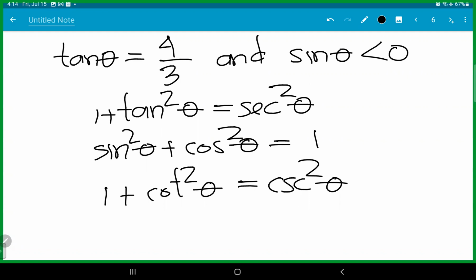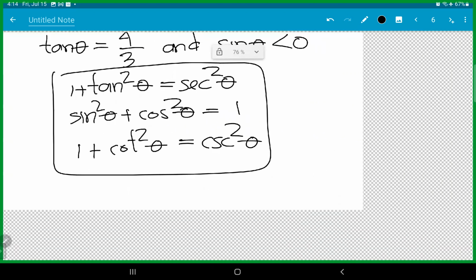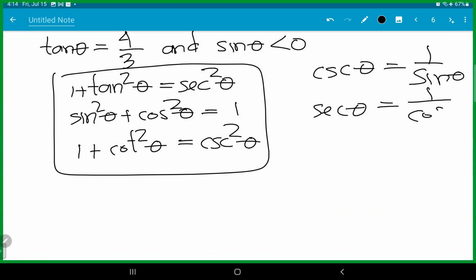Okay? So, yan yung Pythagorean identities. Actually, they were derived using the Pythagorean theorem. And then, reciprocal identities, yun lang yung reciprocal ng sine, cosecant, magka-reciprocal sila. Cosecant theta is 1 over sine theta. Then secant theta is 1 over cosine theta. And then cotangent theta equals 1 over tangent theta.